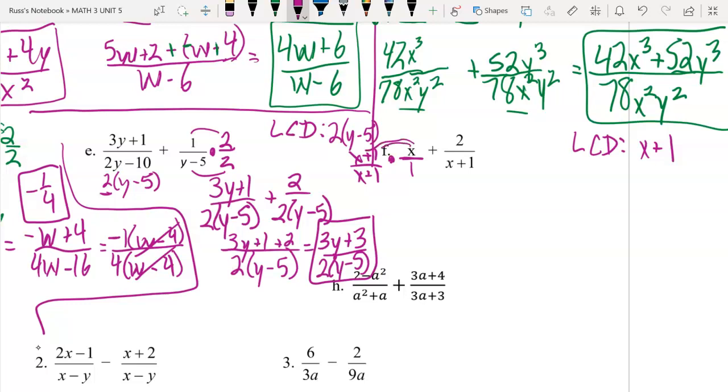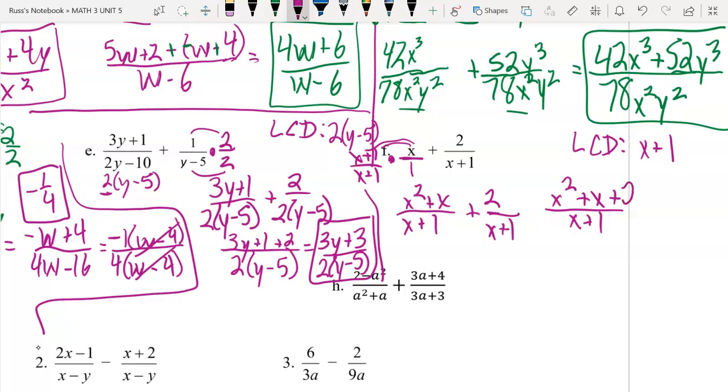So you distribute that x. You get x squared plus x over x plus 1 plus 2 over x plus 1. Well, you can write all of it over x plus 1. So you get x squared plus x plus 2. That is not factorable on top. So that's my answer.